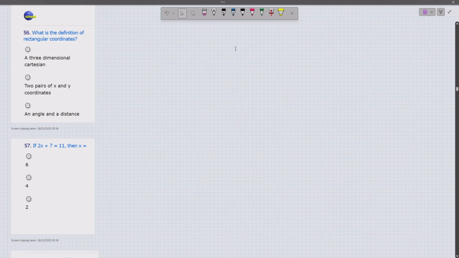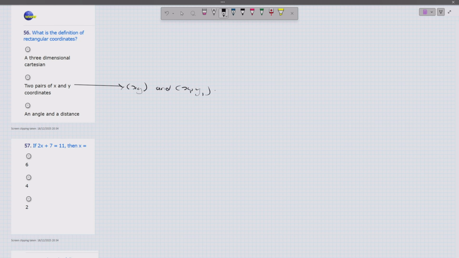Question 56. What is the definition of rectangular coordinate? A rectangular coordinate is a pair of x and y. This is a rectangular coordinate. So if you have x, y, and say x1, y1, these are rectangular coordinates.